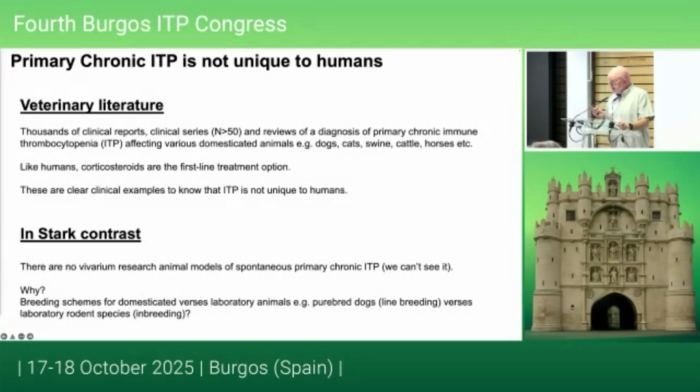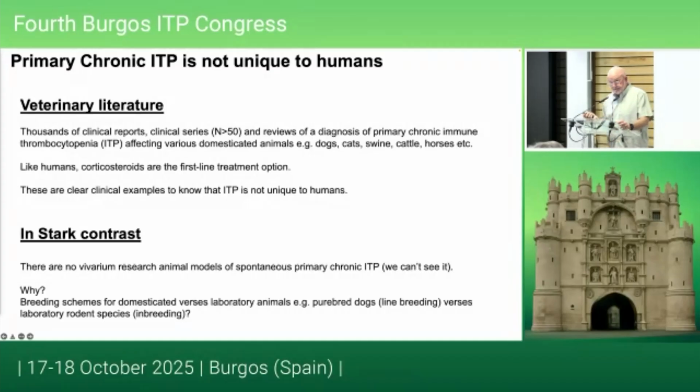The interesting thing is that in laboratory rodents, we haven't been able to find ITP. We just don't spontaneously get it in mouse colonies. It may be there, but we don't see it because mice are quite resistant to low platelet counts, and they don't tend to bleed when they have low platelet counts.